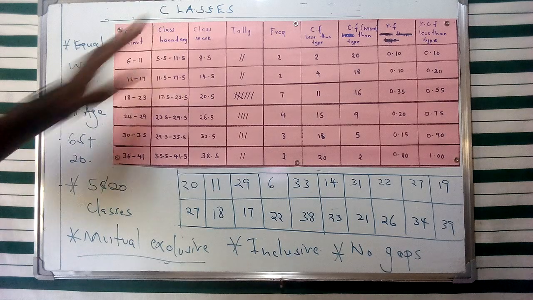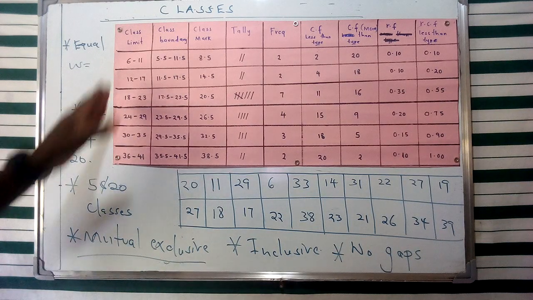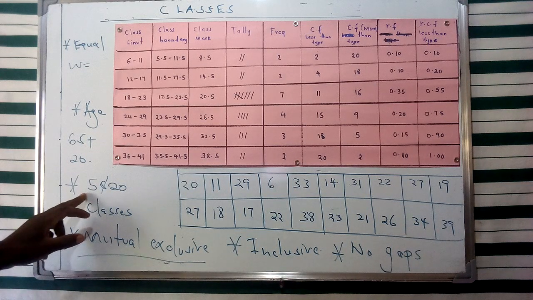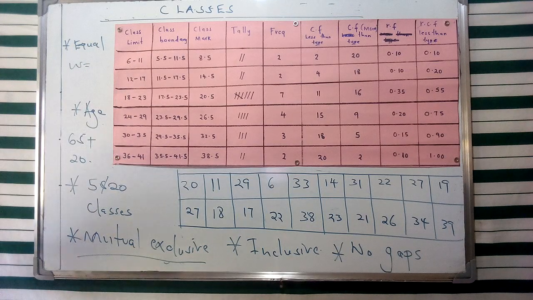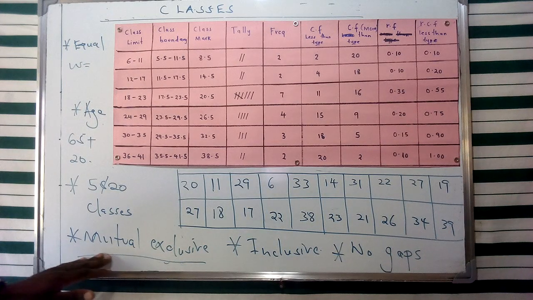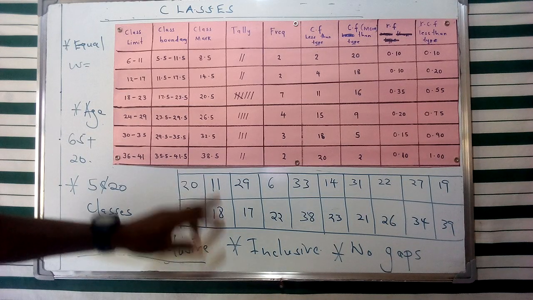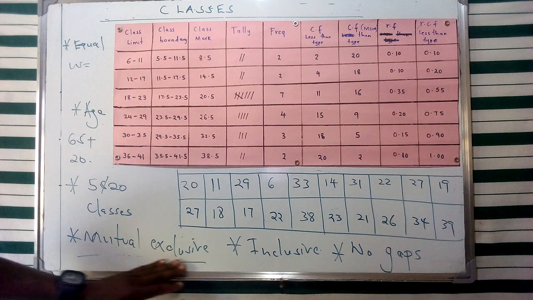So assume that we have understood some of the rules which we have to adhere to in constructing these classes, whereby in summary I've mentioned that they have to range between 5 and 20. Now in our case we have 1, 2, 3, 4, 5, 6 classes. And then they have to be mutually exclusive, in a sense that no element of this distribution is going to appear in two classes, and that's the concept of mutual exclusivity.